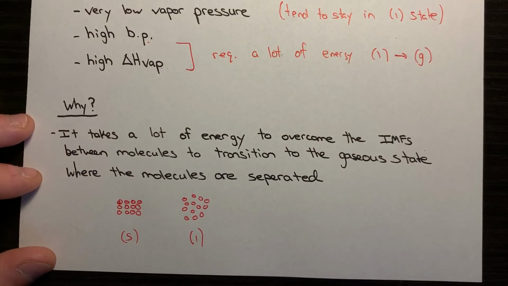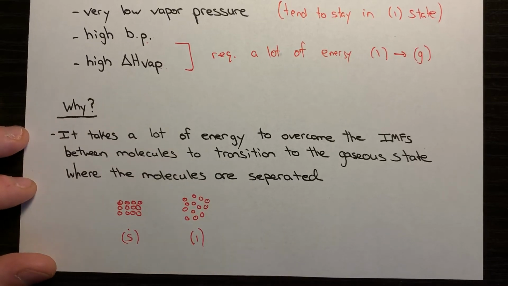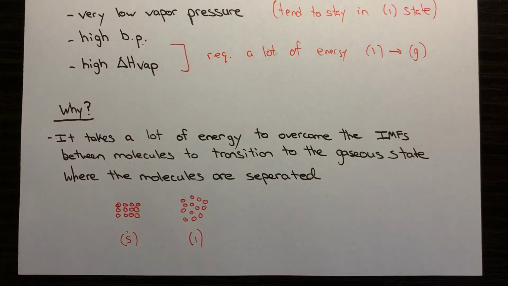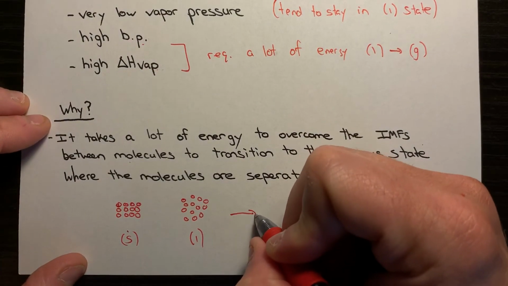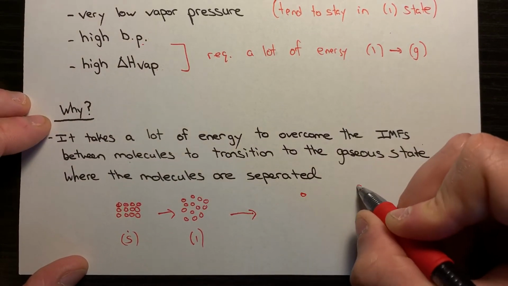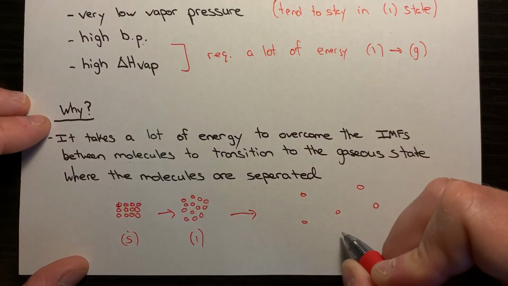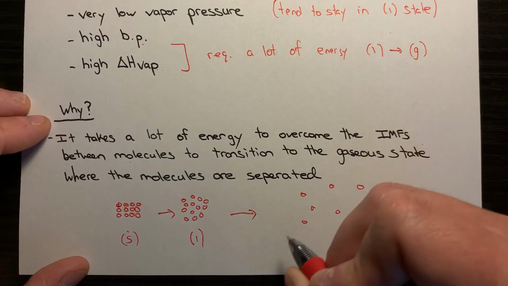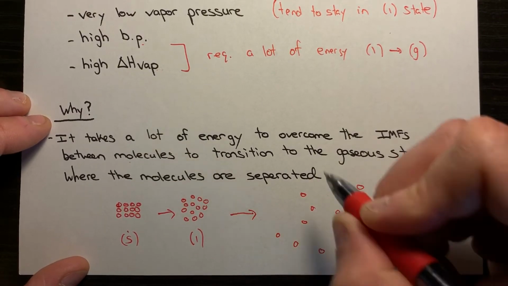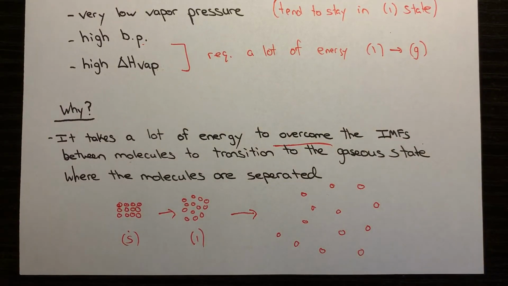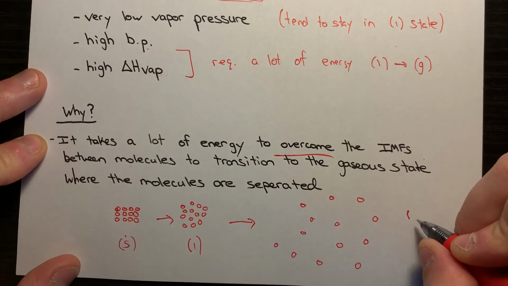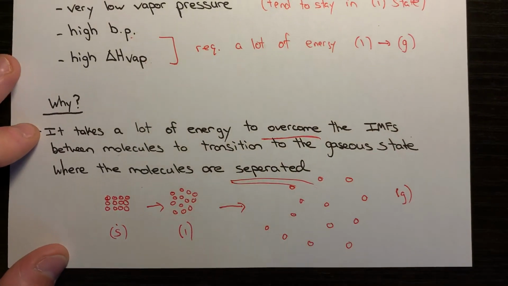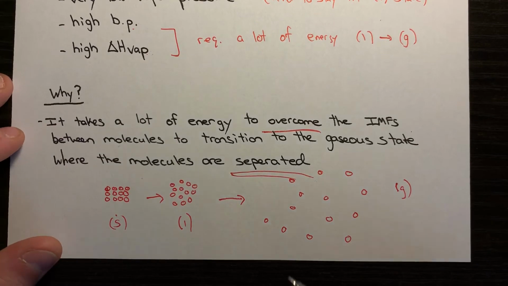The spatial arrangement. And so in going from solid to liquid, yes, absolutely, we are going to be breaking some intermolecular forces, okay? But when we go from the liquid to the gaseous state, at this point, it's not even about breaking some of the intermolecular forces. We are really completely overcoming these intermolecular forces. We are completely separating out these molecules, right?